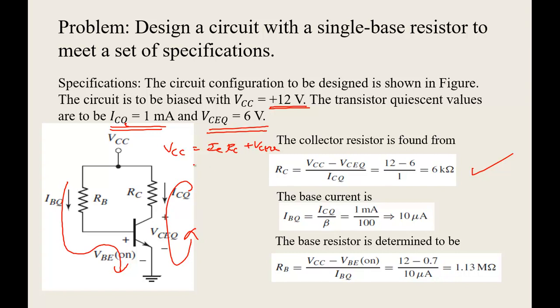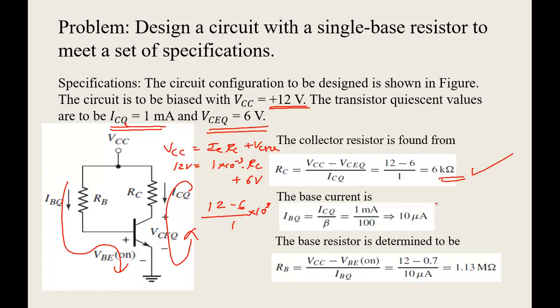IC is given as 1 milliampere, so 1 into 10 to the power minus 3 into RC plus 6 volts, and on the left side you have 12 volts. So it will become 12 minus 6 divided by 1, and since it is 1 into 10 power minus 3 here, you can write it as 10 power 3. So it becomes 6 kilo ohm for you.